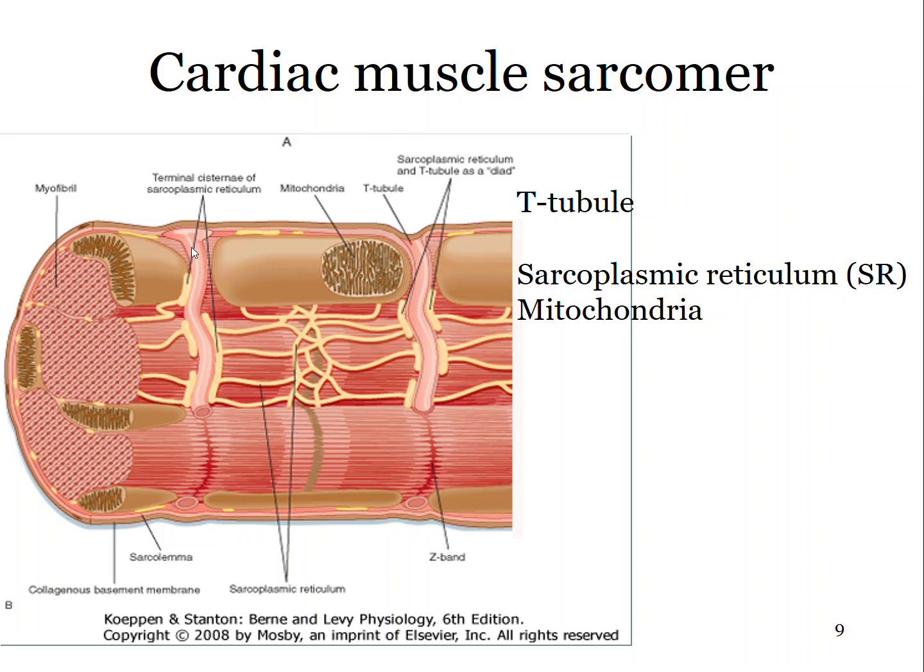This T-tubule goes down into the cardiac muscle to the Z line. In skeletal muscle, the place of the tubule is somewhere between the A and I bands, but in cardiac muscle it goes down along the Z line. But it's not that important.